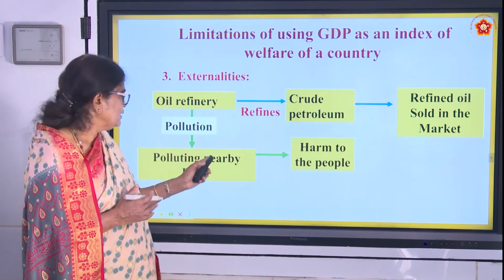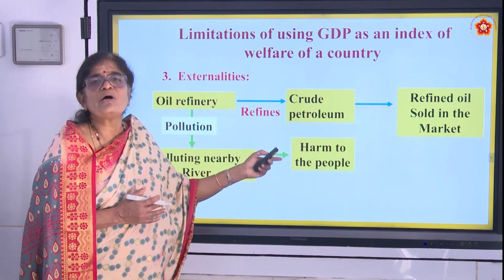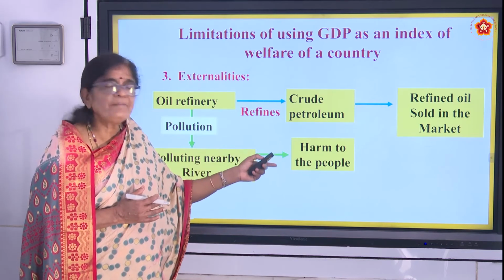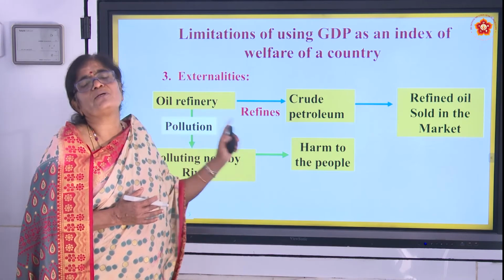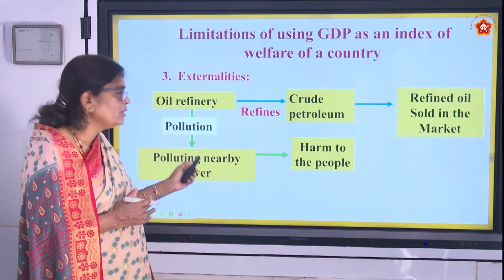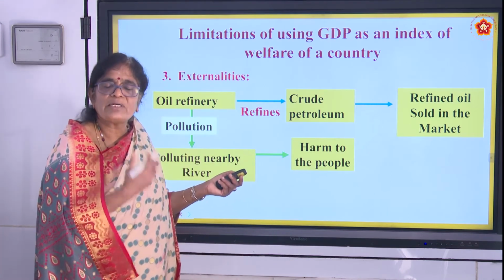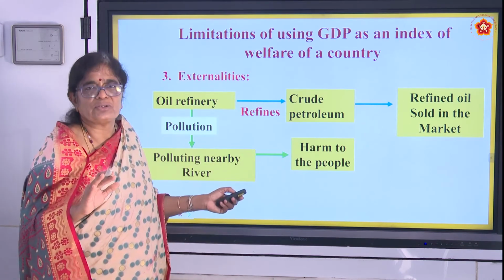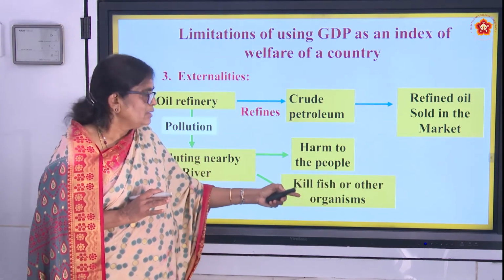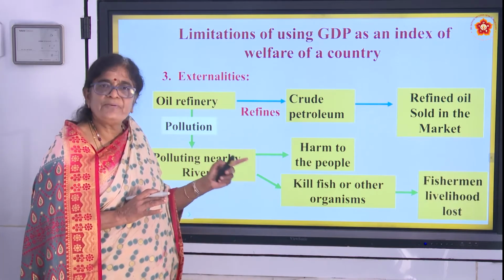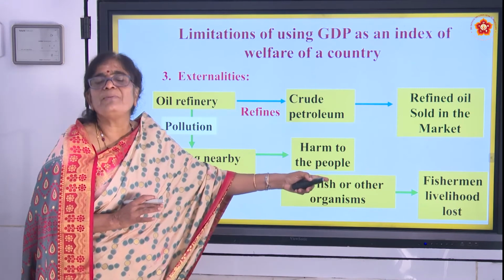This pollution will harm the people who drink the water from the river, harm the animals and all the other organisms, and pollute the water body. All the water plants and aquatic animals will be damaged, and fishes and other organisms are killed. When the fish are killed, the fisherman who depends on this lagoon or river will have his livelihood affected.